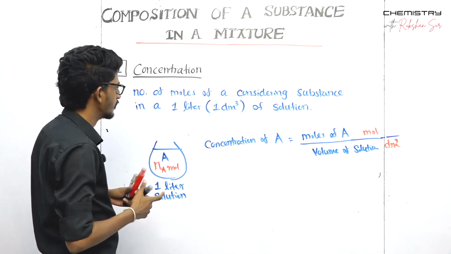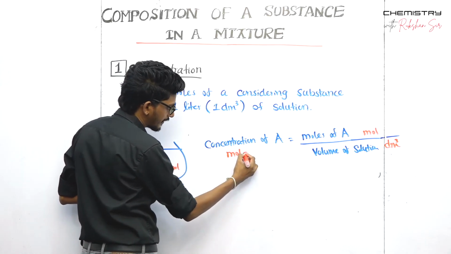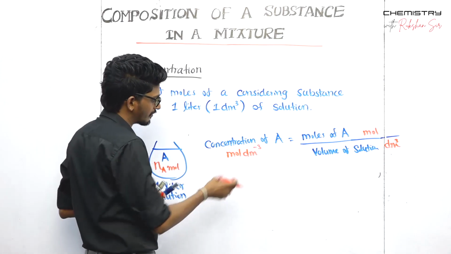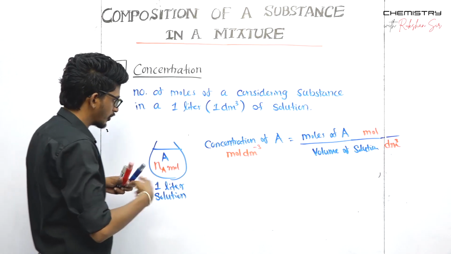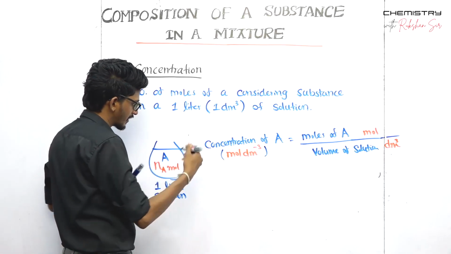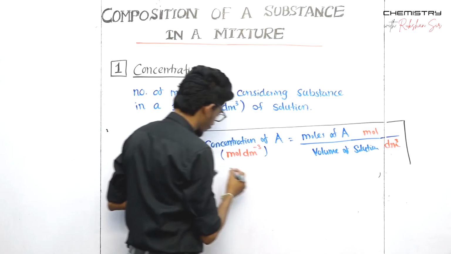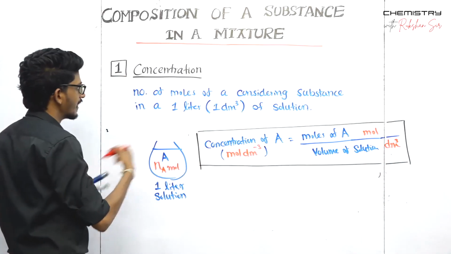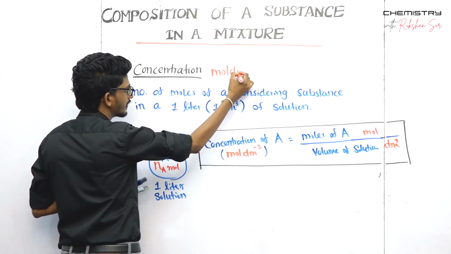So what is its unit? Its unit is mole per decimeter cube, mol dm minus 3. Mole over decimeter cube, when decimeter cube comes to the top, is dm minus 3. That is the unit for concentration. So this is the equation we can use for concentration, and the unit is mol dm minus 3.